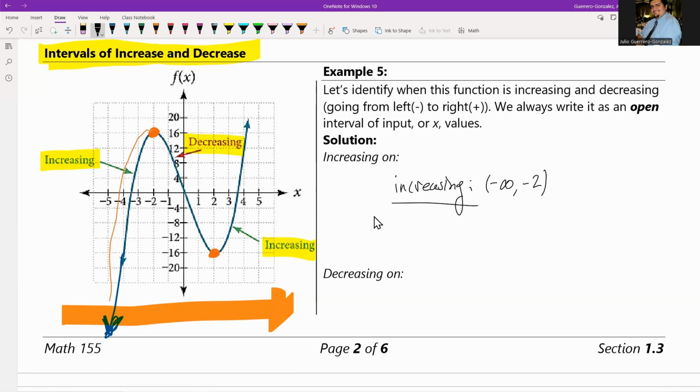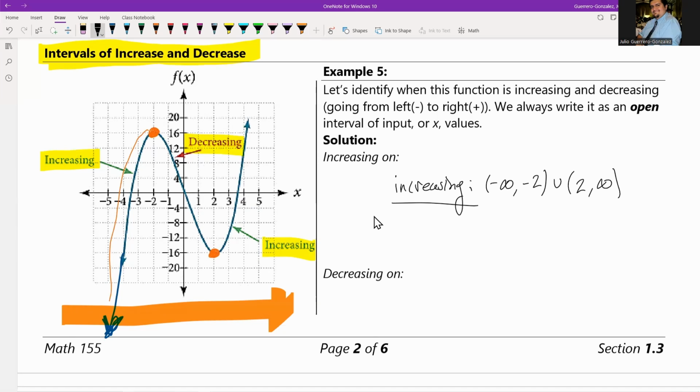And then at +2, it increases again. So I want to do union to infinity. There we go. So between negative infinity up to -2, and then from +2 to infinity, our functions, if we read them from left to right, are climbing.